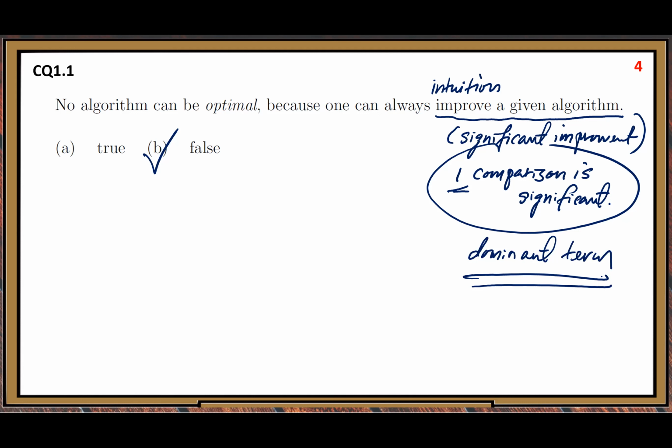Why can we ignore those minor terms? Because we treat them as insignificant. So in our module 2, we will spend a lot of time discussing that issue. Here it is still a little hard to understand. Okay, so that's the first question.